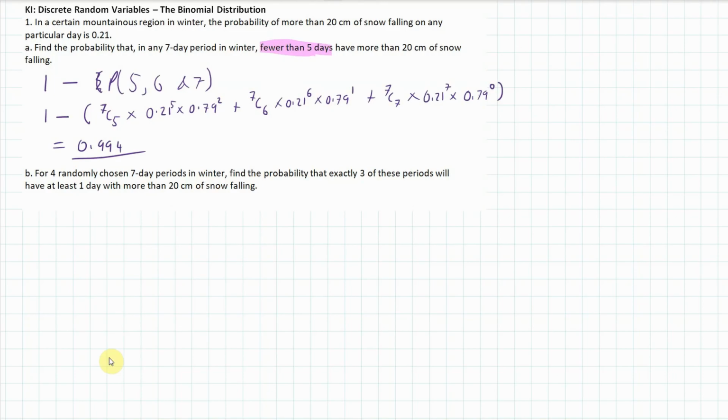Last part of today's work. For 4 randomly chosen 7-day periods, we want to find the probability that exactly 3 of these periods will have at least one day with more than 20 centimetres of snow falling. Well, let's just think of one period.